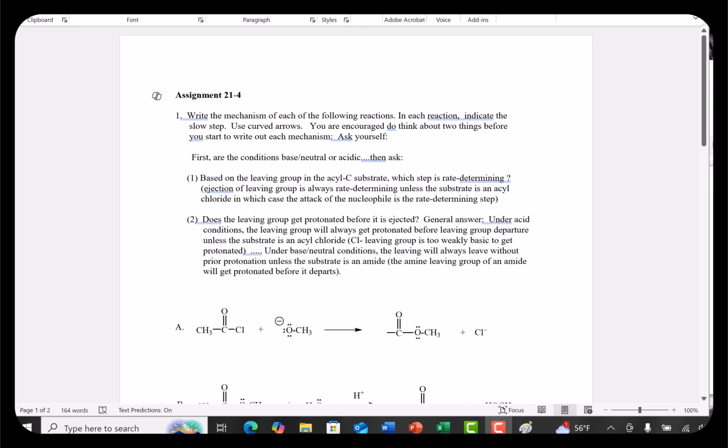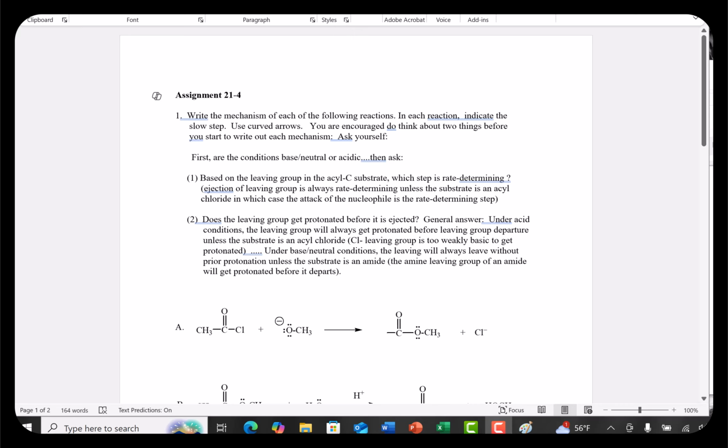It says that, number 1, you are encouraged to think about 2 things before you start to write out the mechanism. Ask yourself first, are the conditions base, neutral, or acidic? Because those basically define the mechanism that an acyl carbon substitution reaction is going to follow. Base or neutral is one condition, acidic is another.